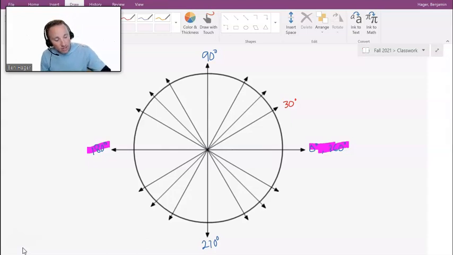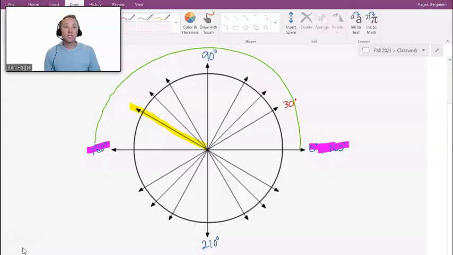So say I want to identify this angle right here, okay, the next small slice we see. You would count all the way around to your anchor point, which is the closest x-axis value, and you will then either add or subtract that reference angle depending on where you're trying to go.